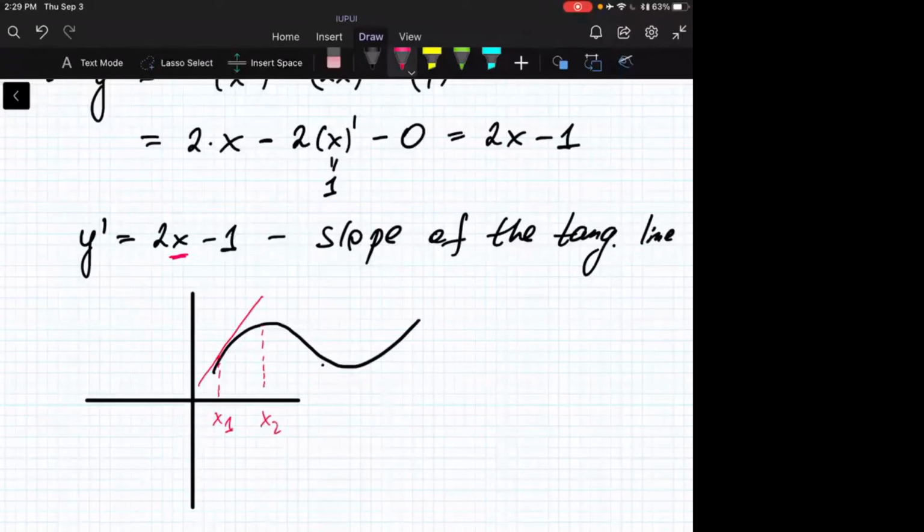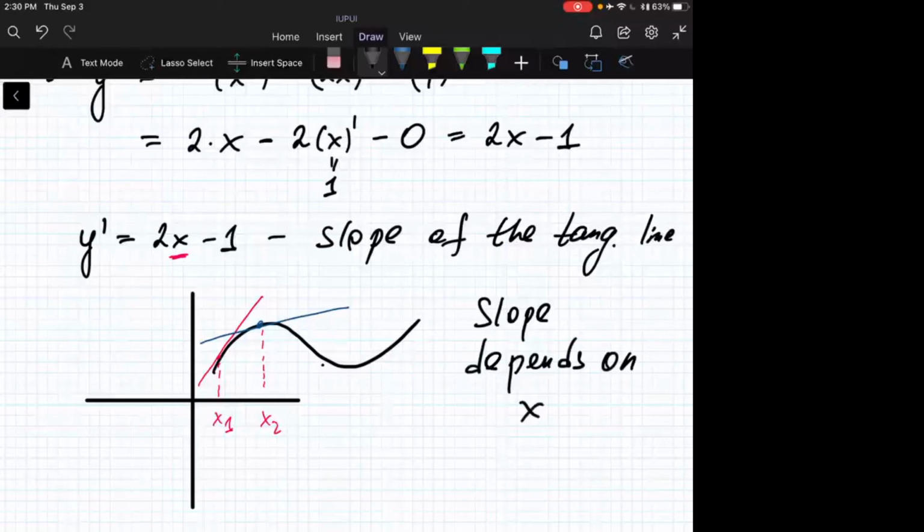But at point, say, x2, your tangent line looks very different, and the slope is also different. So we see again that the slope depends on x, comparing to the straight lines where it's constant all the time.